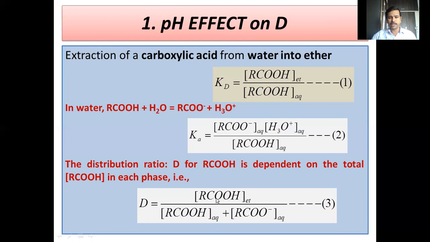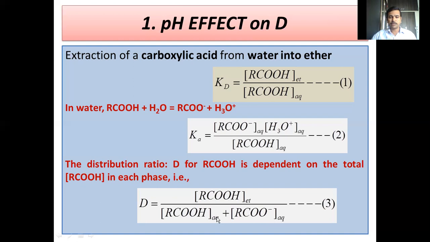So it will be extracted in the original form, not in ionized form or any other form. So RCOOH in the organic layer or in the ether layer will be present intact. So D is equal to concentration of the carboxylic acid in the ether divided by concentration of carboxylic acid in the aqueous phase plus concentration of carboxylate anion in the aqueous phase.